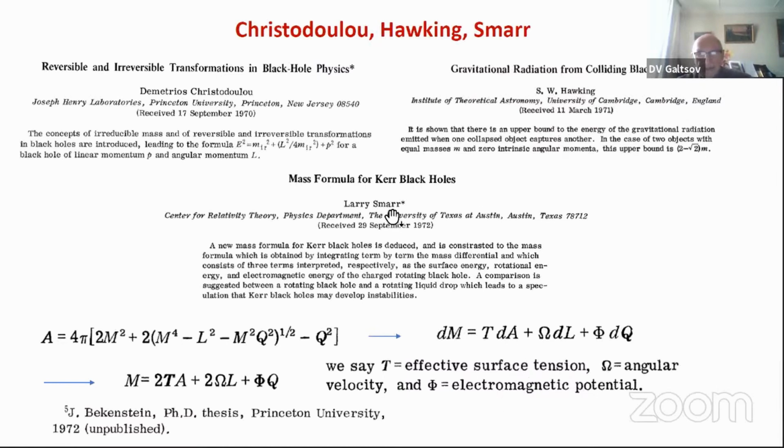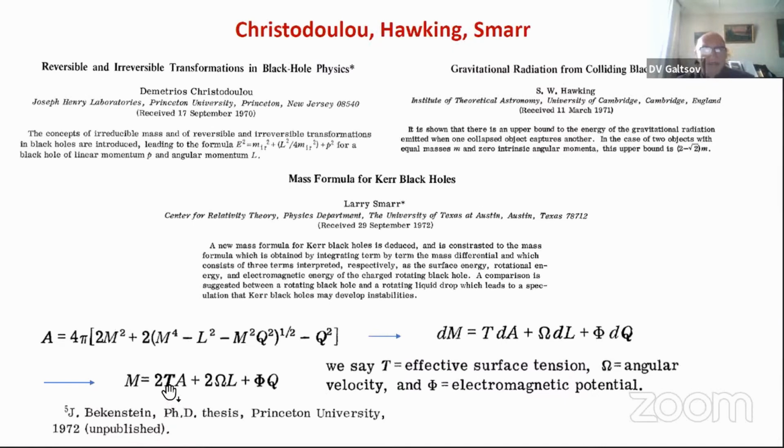And now the paper by Smarr, it was '72. What he did, he took the Kerr-Newman metric, and this is the area of the horizon of the Kerr-Newman metric. He extracted from that the mass in terms of area and other parameters. The angular momentum here is denoted by L, Omega is the angular velocity of the horizon, phi is the potential of the horizon, q is the charge.